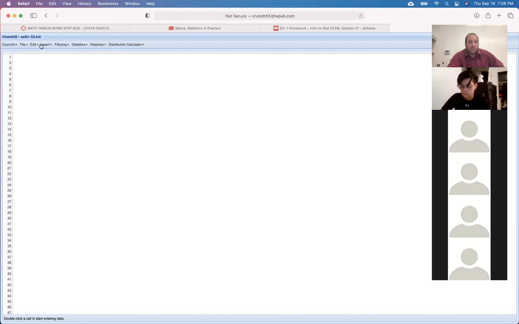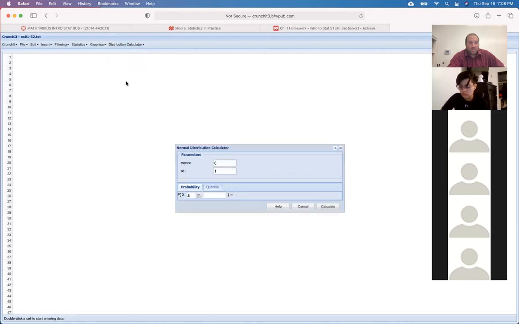Without actually telling you which of these buttons to go to, if you had to make an educated guess, which of these tabs do you think we want to start with? Distribution calculator. Okay, and in the distribution calculator, which of these subcategories is the correct one? Normal. And for mean, what do you think we want to put in? 1010.